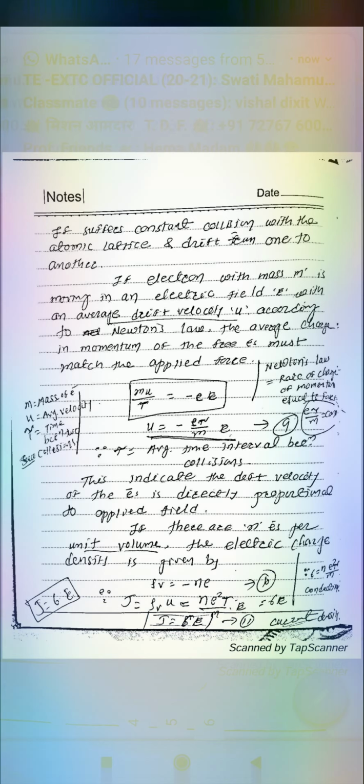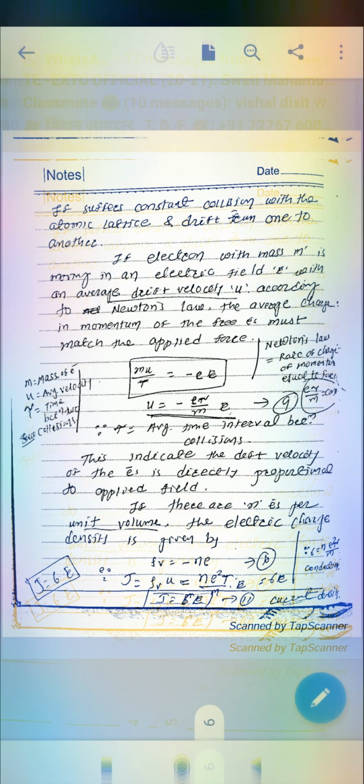If suppose there are n number of electrons per unit volume, the electric charge density is given by rho v, which is equal to minus n into e.